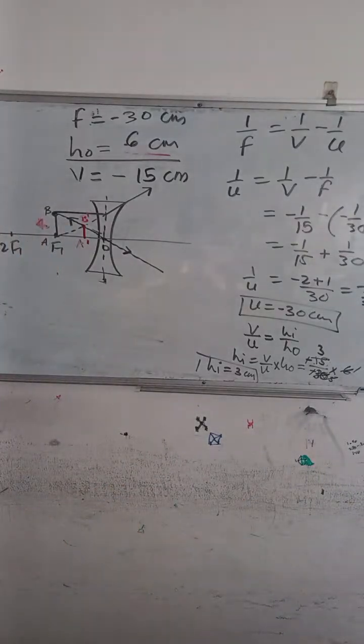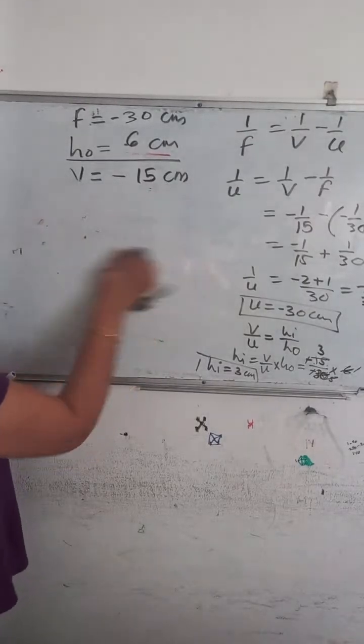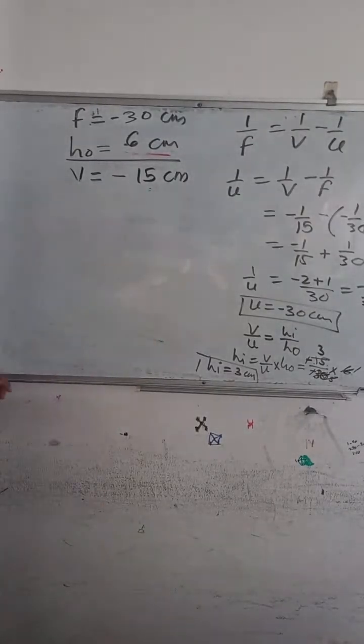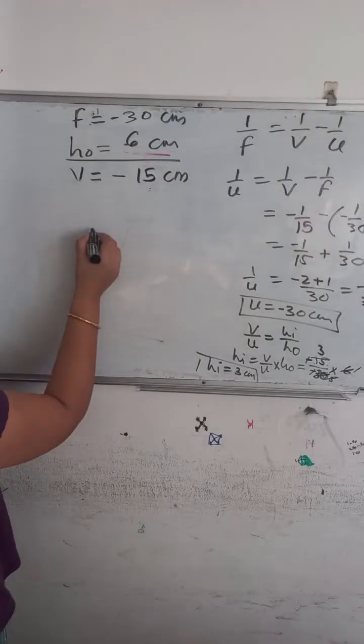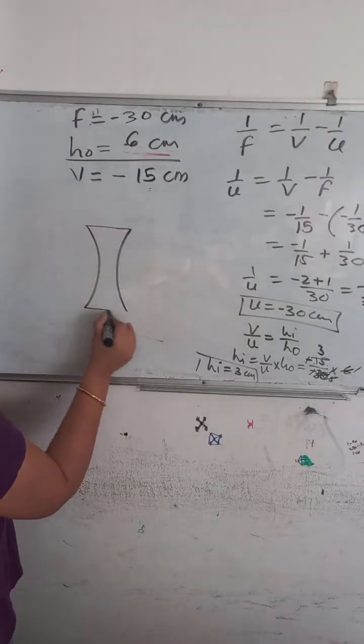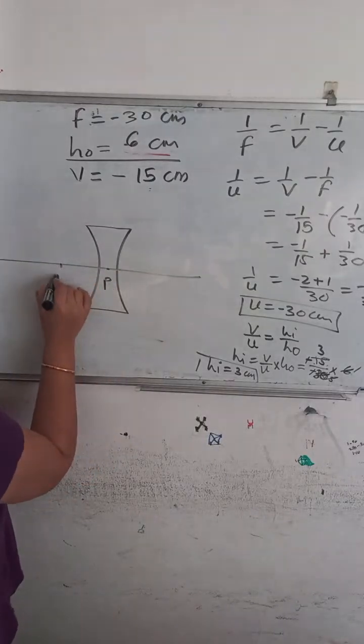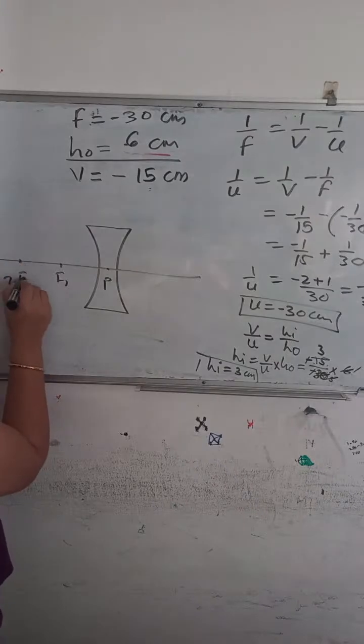Ray diagram we have to draw. Can you now find out the ray diagram? We have here again a divergent lens, that means concave lens. So here I will draw again. This is the principal axis, optical center, F1, and this is 2F1.